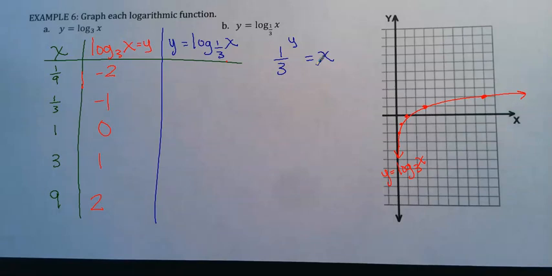Okay, so our x is 1/9, so we're going to have (1/3)^y equals 1/9. Okay, and we want this in a base of 3, so that's going to equal (1/3)^2, because 1 squared is 1 and 3 squared is 9. So y equals 2 here.